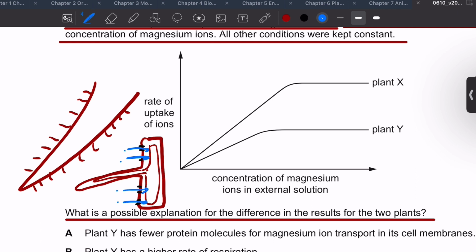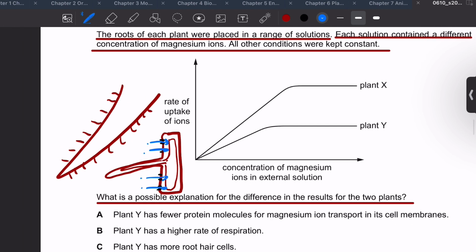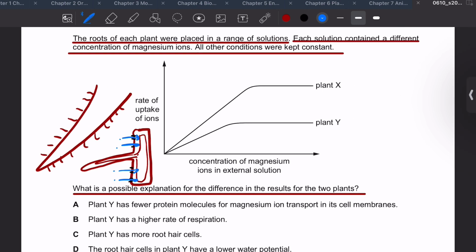And these proteins allow substances or particles such as magnesium ions to be transported inside the cell.